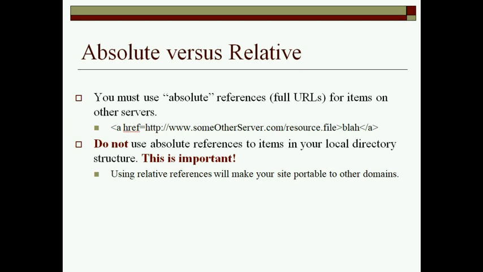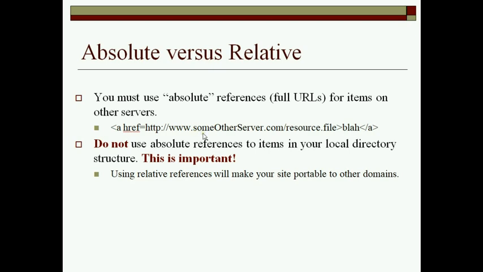You must use absolute references, that is full URLs with the HTTP and everything, when you are referring to items or resources that are residing on other servers. Relative addresses can be used only when you're referring to files that are on the same server from where the current document that is displaying has been loaded.